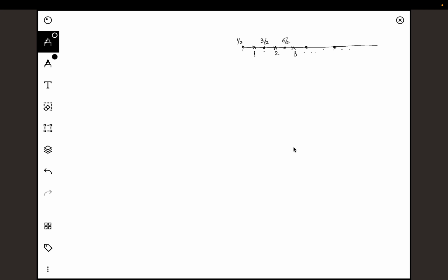So at any given point, if this is my ith cell, I'll have I plus half, I minus half, and similarly I minus 1, I plus 1, and so on.